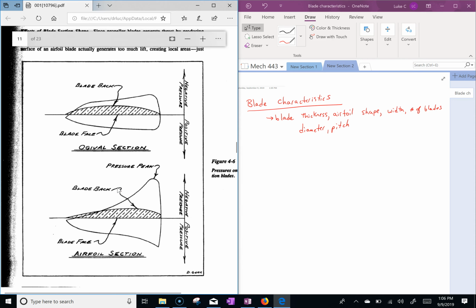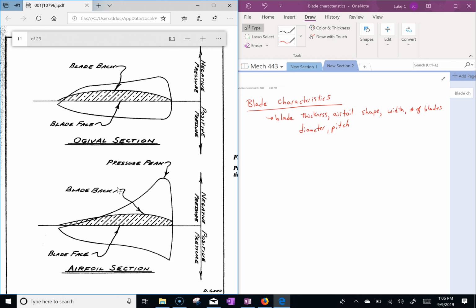This is important right here. Down at the bottom, the airfoil section is a typical wing shape. You see positive pressure and negative pressure as it spins around.